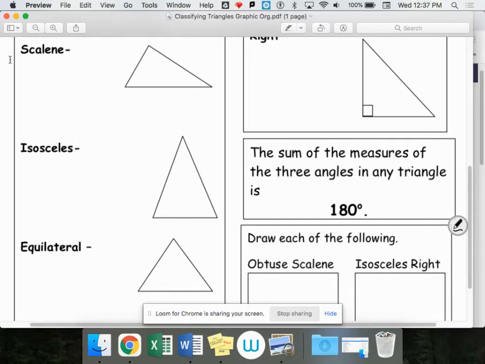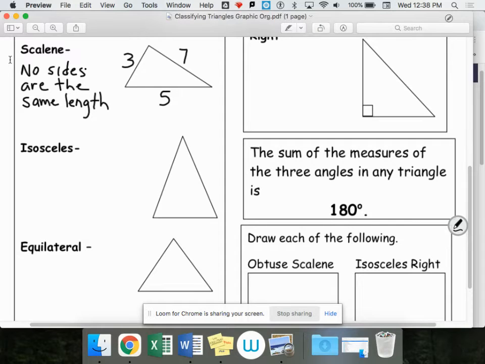So we can say no sides are the same length. They all have to be different. So you could have a triangle like this one where this side is 3, this side is 7, and this side is 5. All 3 are different.